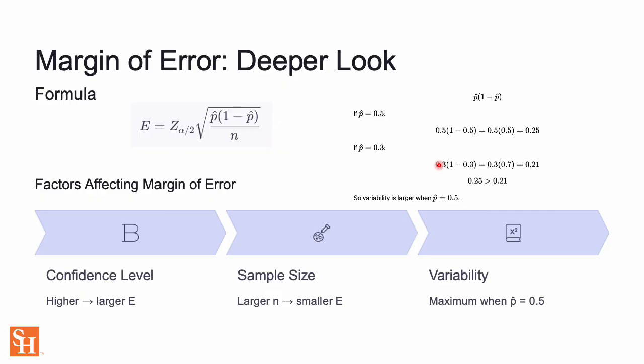In that case q is 1 minus 0.3, which is 0.7, right? And the value here is 0.21, right? So you can easily see 0.25 is greater than 0.21, right? So we can say when p is 0.5, we get the maximum variability, right?